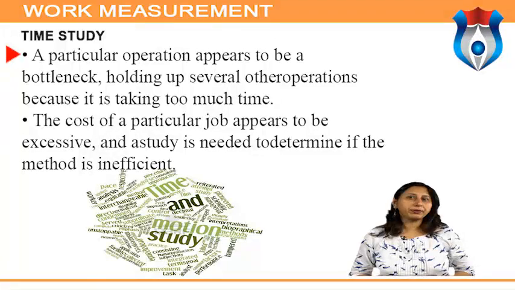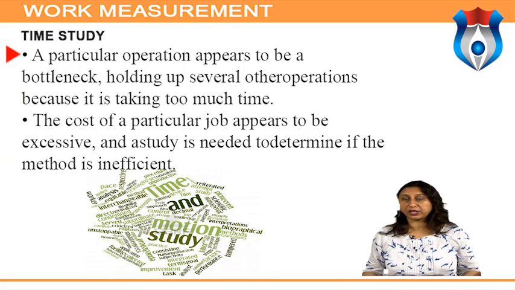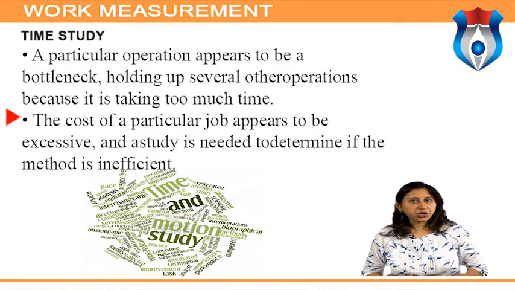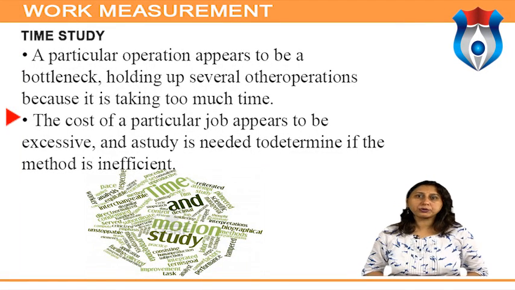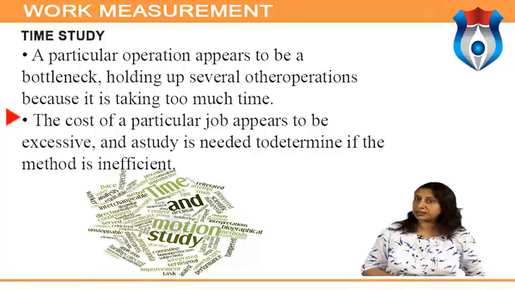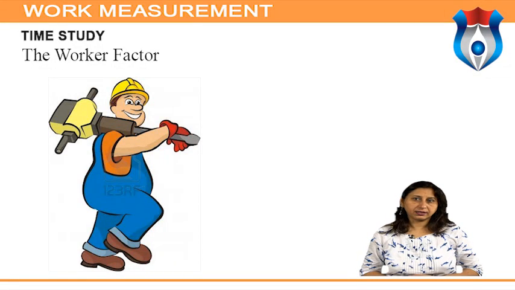A particular operation appears to be a bottleneck holding up several other operations because it is taking too much time. The cost of a particular job appears to be excessive, and a study is needed to determine if the method is inefficient.